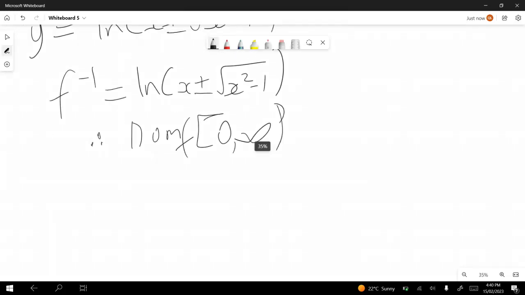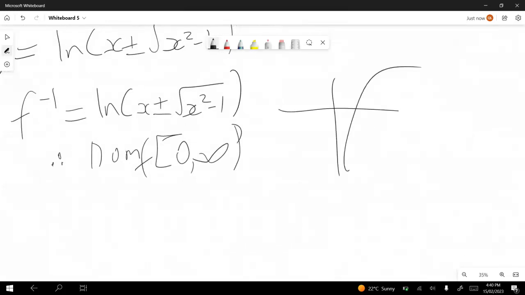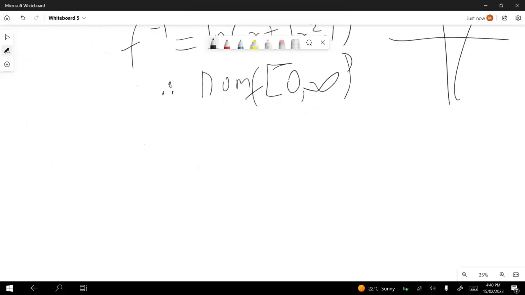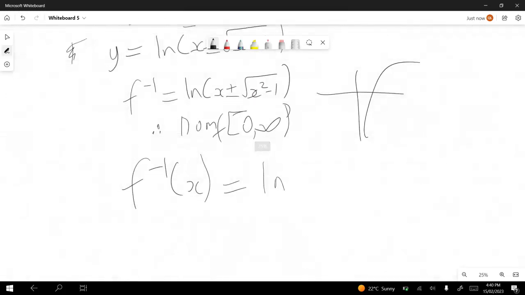Because if you sketch this, logs always go this way. The natural log of anything goes this way, and if it was negative, it would go another way. It may make sense. So our function has to be like this. So the function is then the natural log of x plus or minus the square root of x squared minus 1, but then we get rid of the minus, so it's just plus.